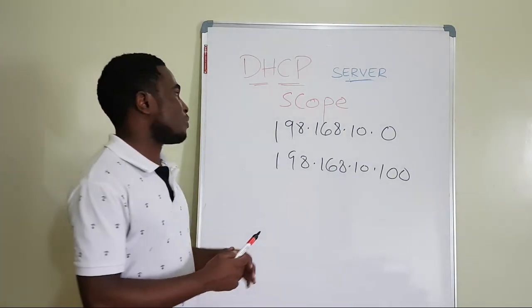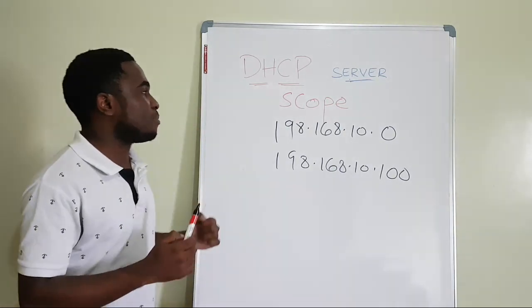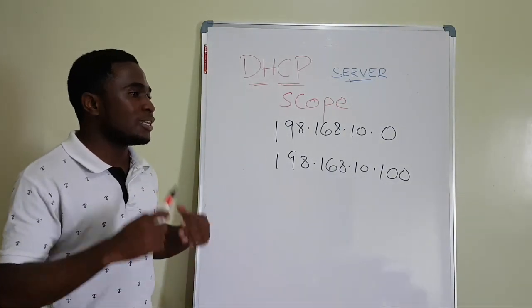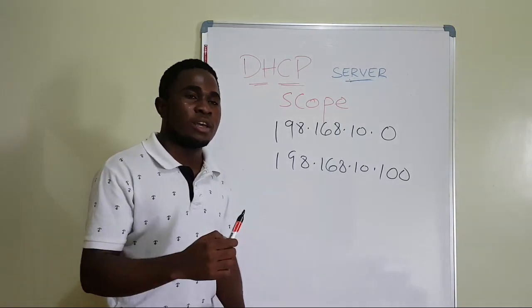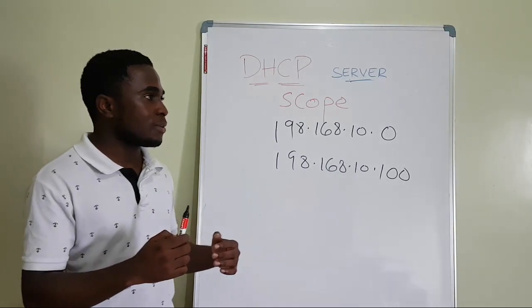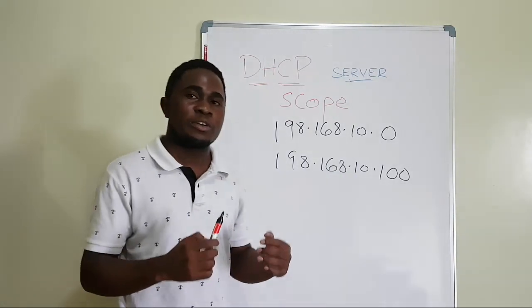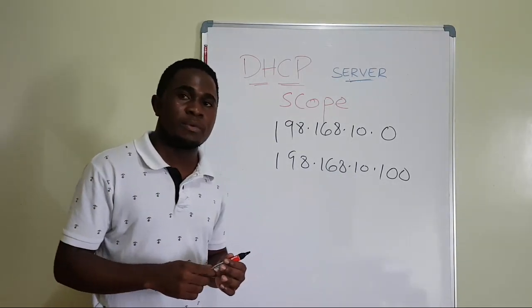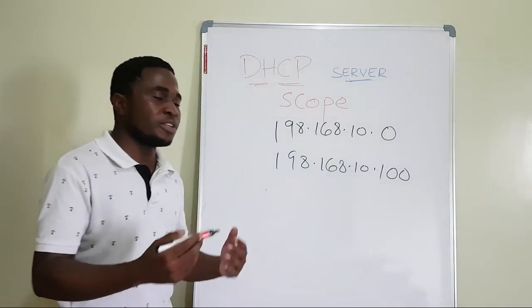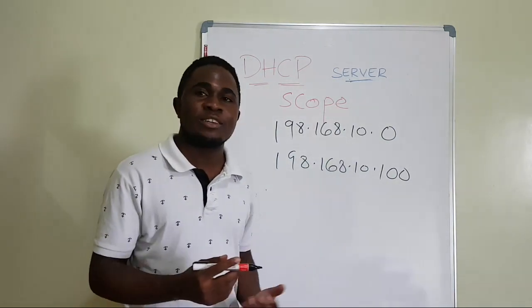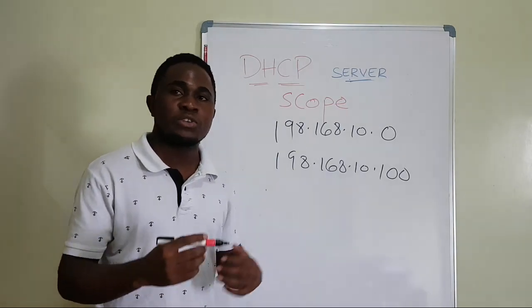But there's one advantage of the DHCP server here. It dynamically gives IP addresses to the clients. That means the IP addresses are leased for a specific period of time. For example, one client may be leased an address for 1 day, or some hours, or some weeks.